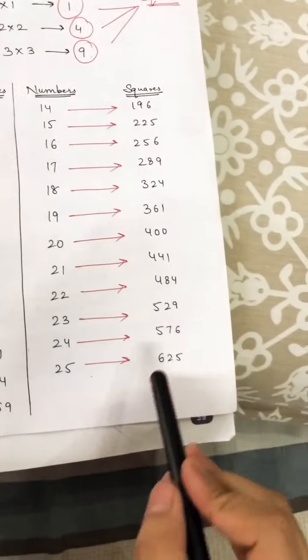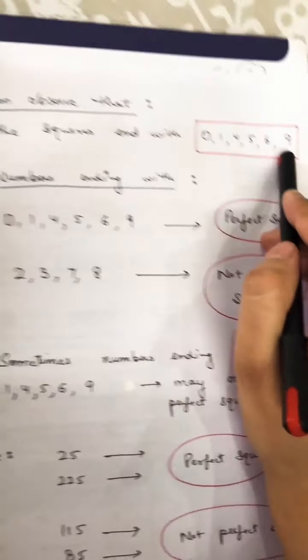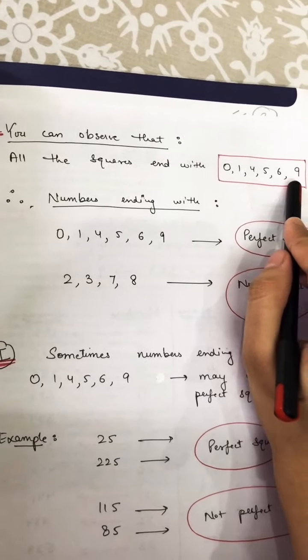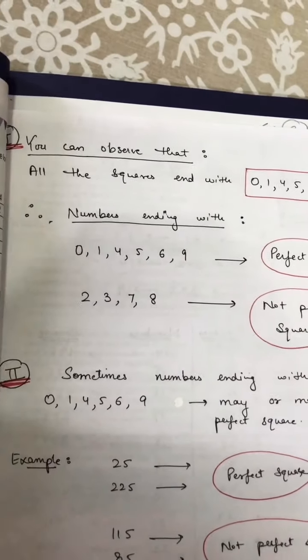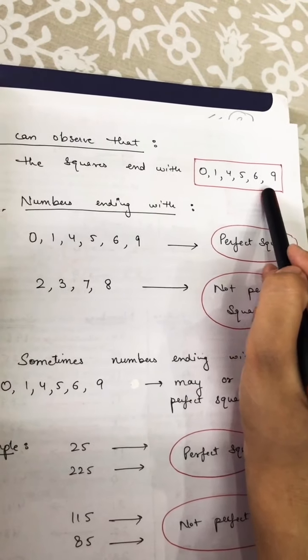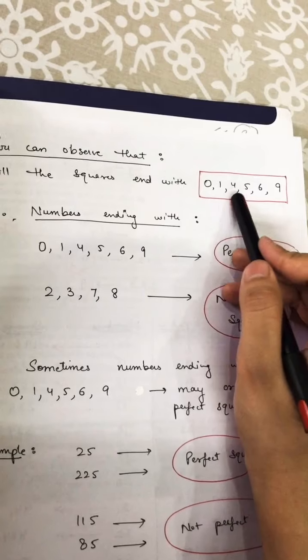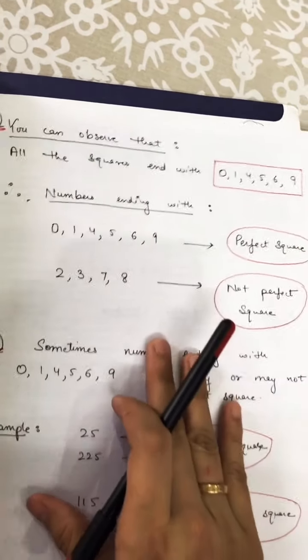It means the ending digits are 0, 1, 4, 5, 6, 9. In most cases the squares end with these digits.